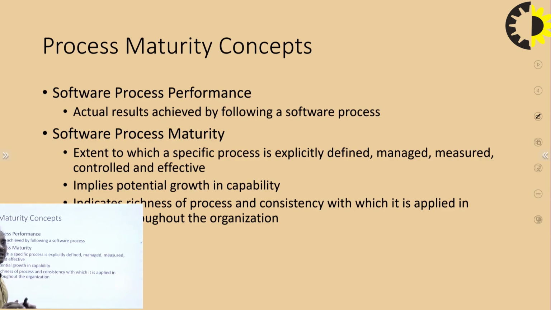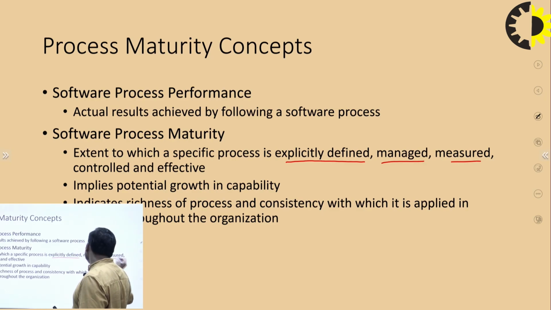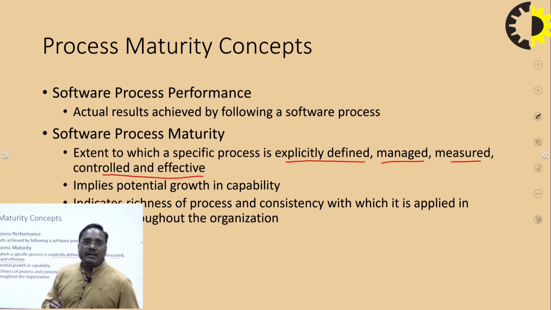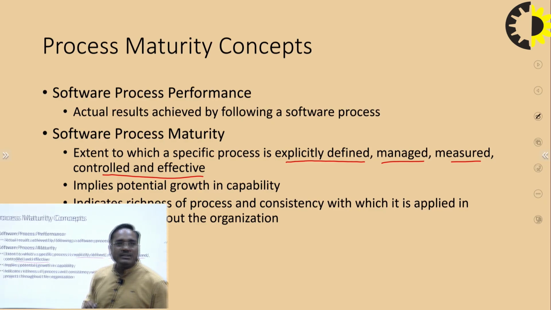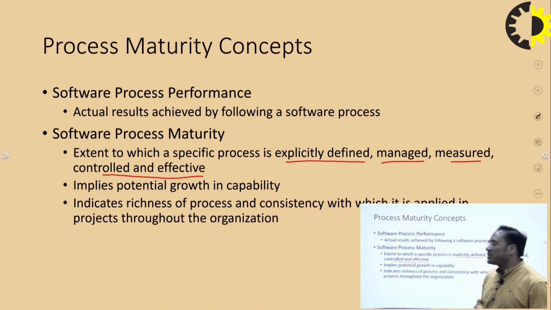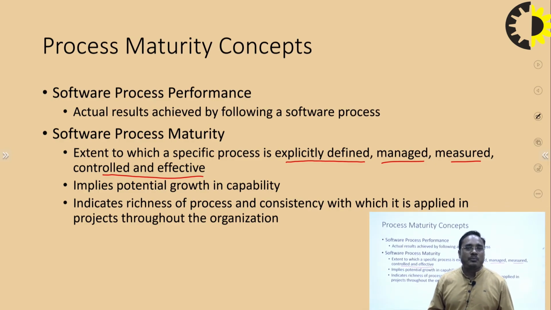Basically, if your software is up to date, you can say it is mature in terms of being explicitly defined, managed, measured, controlled and effective. If your software fully satisfies these important terms, then you can say your software is mature, your process is mature.